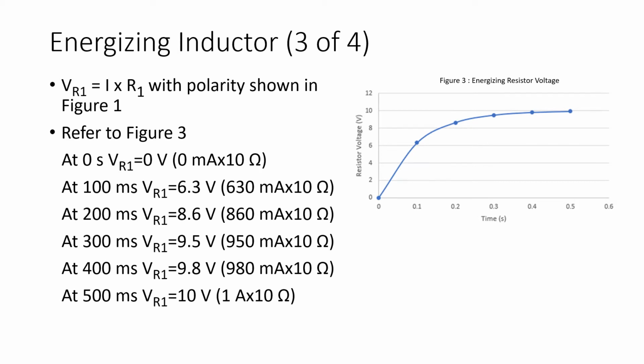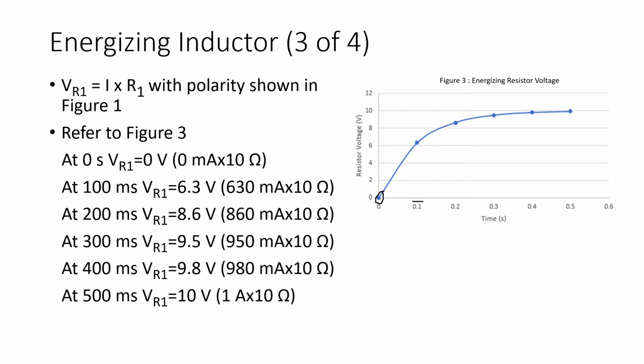Now, figure 3 shows us the voltage dropped across the resistor as a function of time. Again, the voltage across the resistor equals I times R1. So at time 0, the voltage across R1 is 0 volts because the induced voltage keeps the current at 0 amps at the instant the switch is placed in position 1.